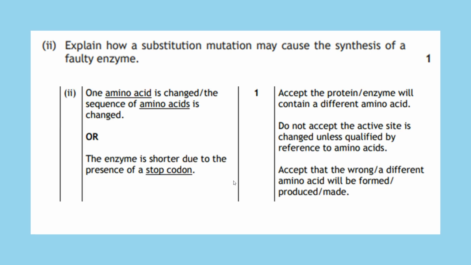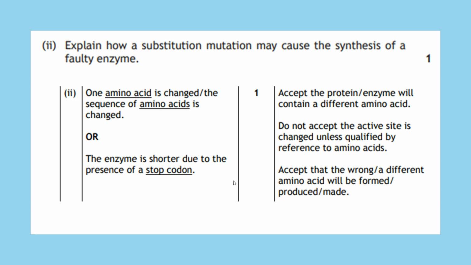So for the answer to this one, there are a couple of different ways you could phrase it, but you must make mention of the amino acids. So it's a substitution, which tells you one amino acid is changed, or a sequence of amino acids is changed because of the mutation. Remember, an enzyme is just a specialist type of protein.